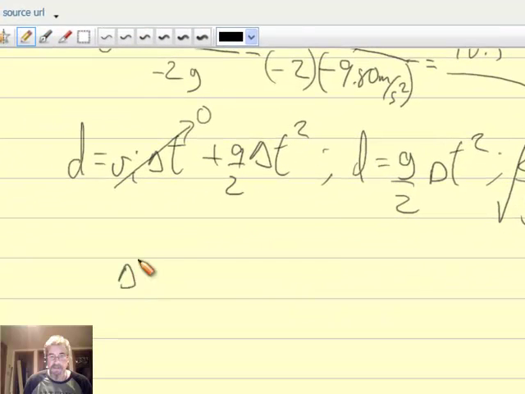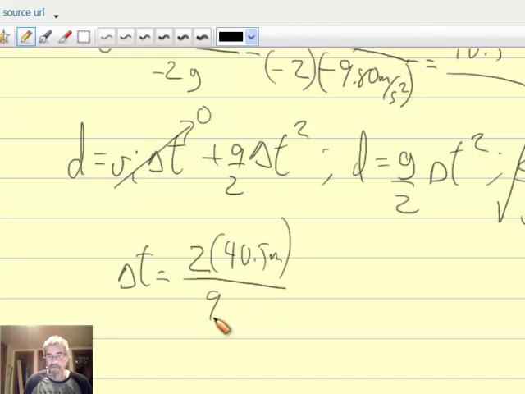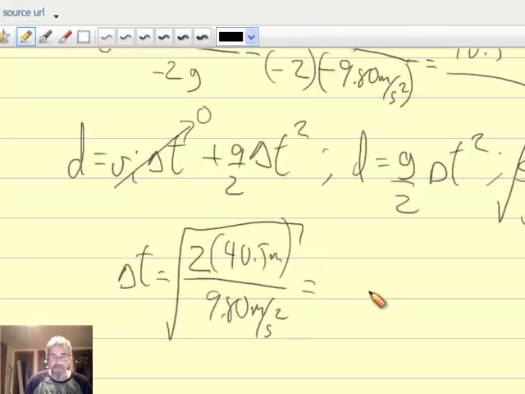So the time it spends during half of its flight, the fall, is 2 times 40.5 meters divided by 9.80 meters per second squared. When I take the square root of that, I'll have my answer. And the square root of 1 over seconds squared is just going to be seconds.